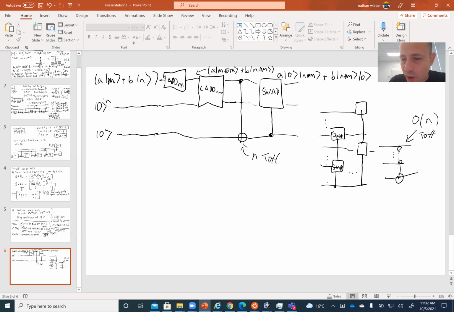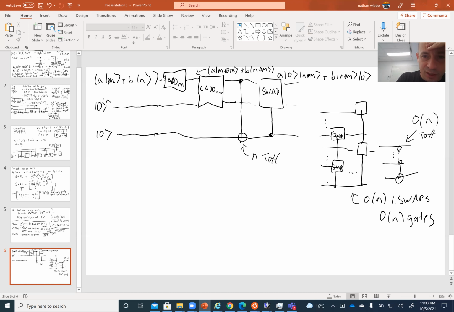Everything considered, we need order n C swaps to carry this out. And because we need order n controlled swaps, this process ends up requiring order n gates. Okay, cool.